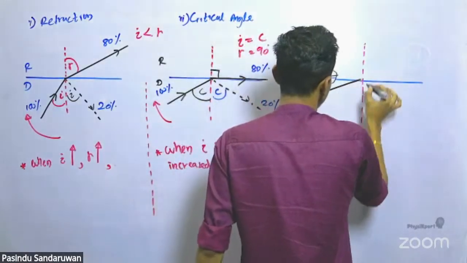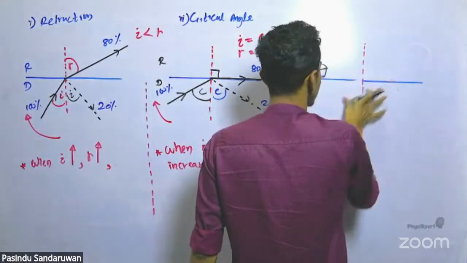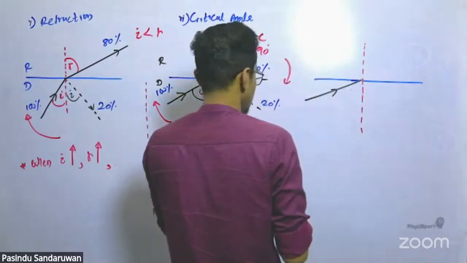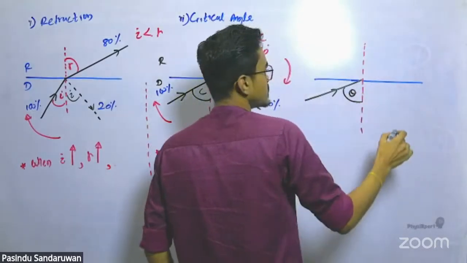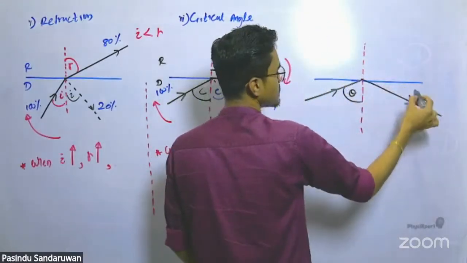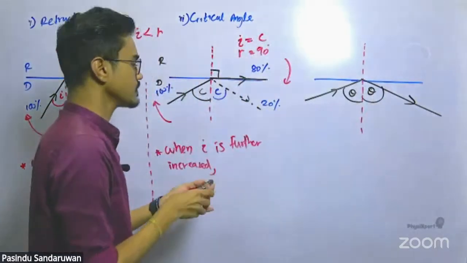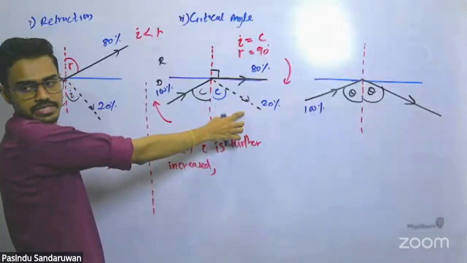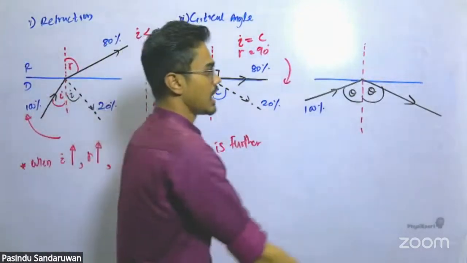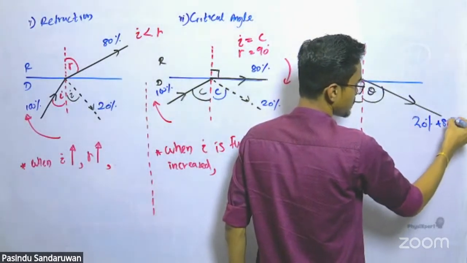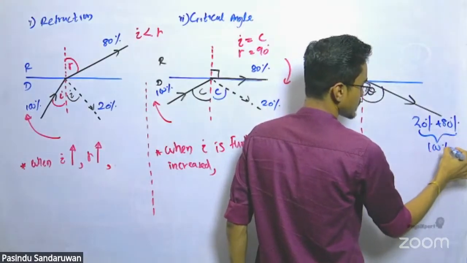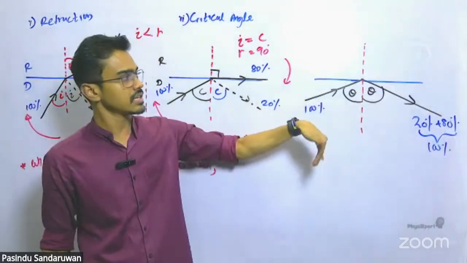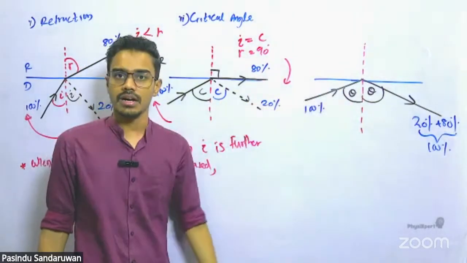If the incident ray is 100%, there was already a partial reflection of 20%, and the 80% from the reflected ray adds up to it, so the total 100% is reflected.